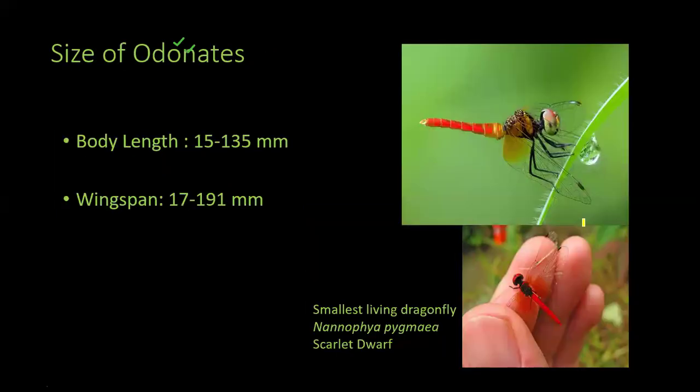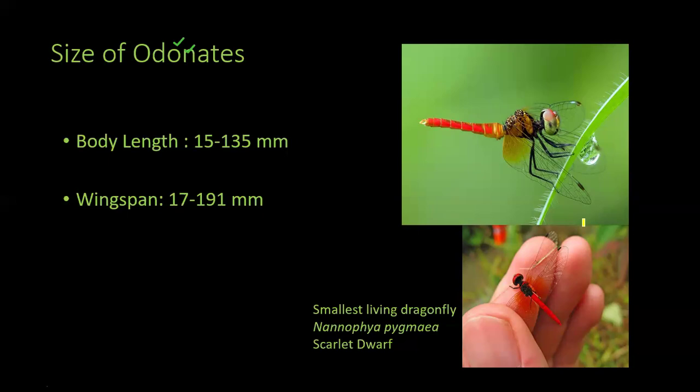Right. Size of odonates: in general, the body size varies between 15 to 130, 140 millimeters. So that's like 1.5 centimeters to 13, 14 centimeters. So that's the size range.